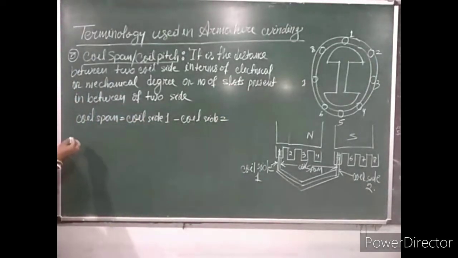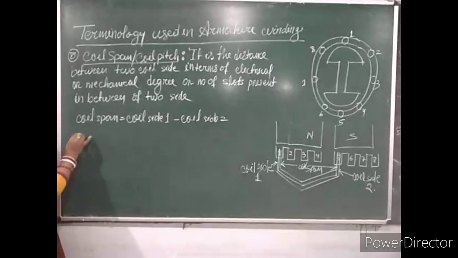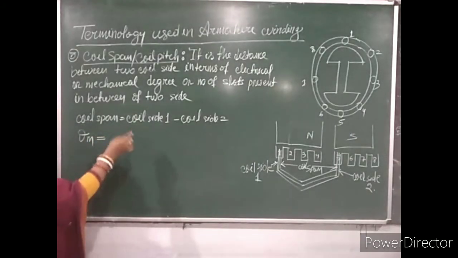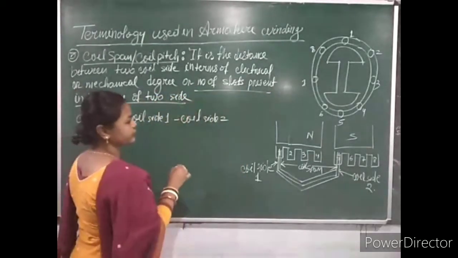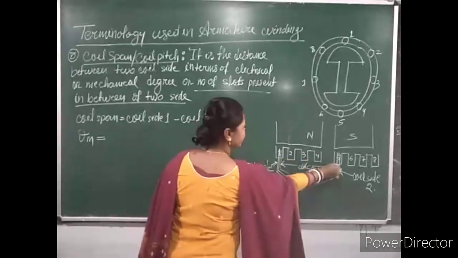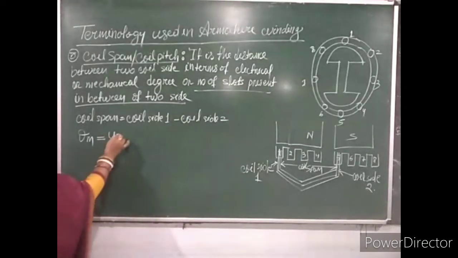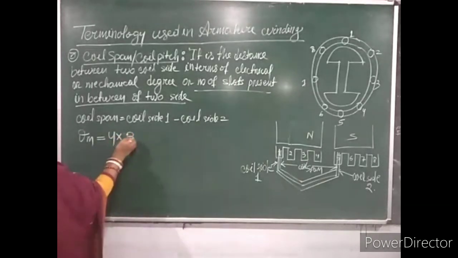If the slot angle is known, then you can easily calculate theta mechanical, which is equal to the difference in the number of slots present between the two sides. Between slots 1 and 5, the difference is 4, into the angle of each slot, let it be beta.